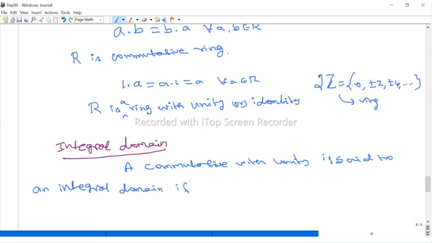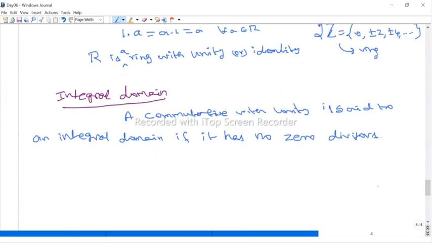If it has no zero divisor. So what does zero divisor mean?